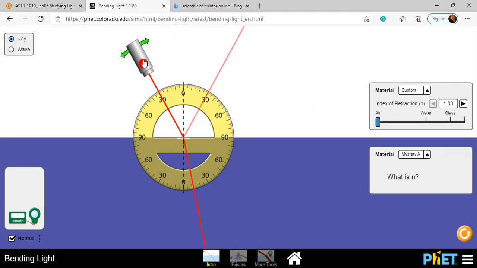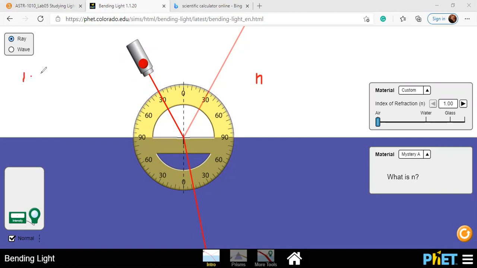If you put this 30 degrees, first of all, you can write down the formula in this format. I want to calculate n. N1 I know, and N2 I can say is n. You know Snell's law, right?